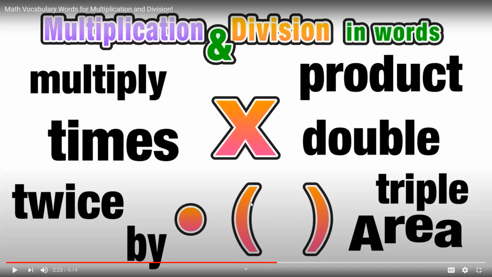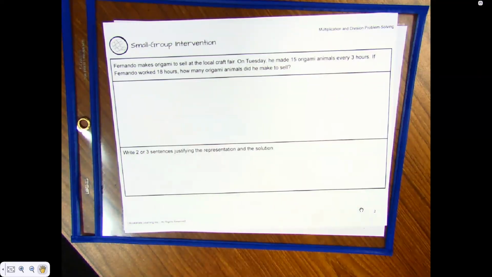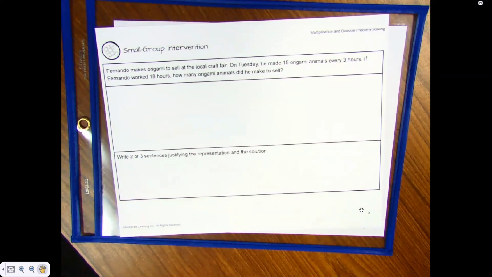So whenever you're saying a multiplication problem, you have to know that that X, your multiplication sign, means times, right? So let's think about whenever you're looking at a word problem, okay? Whenever I'm looking at this word problem on a test or anywhere, what's the first thing I have to do before I do any kind of math?